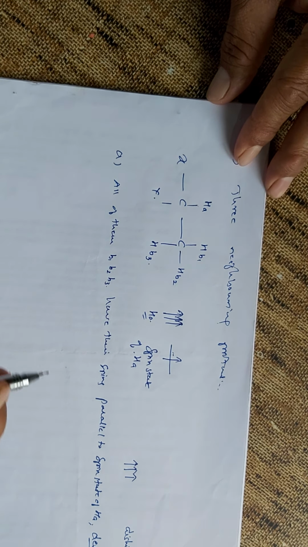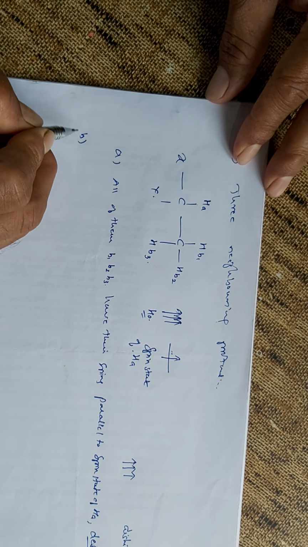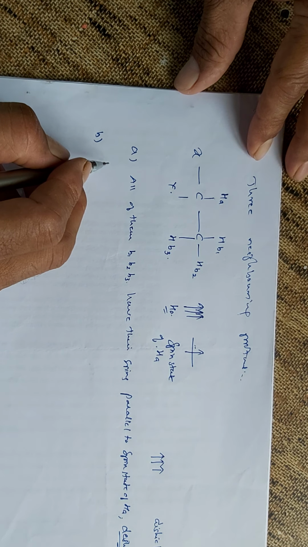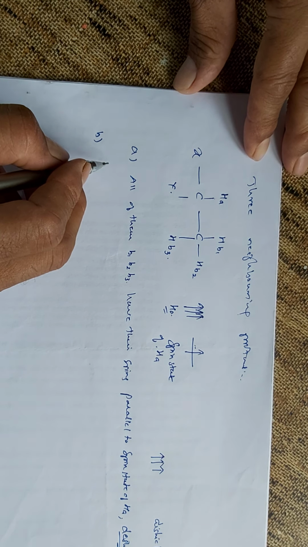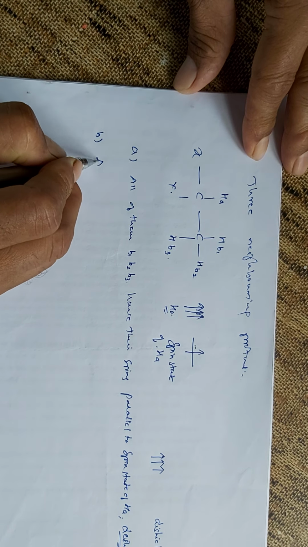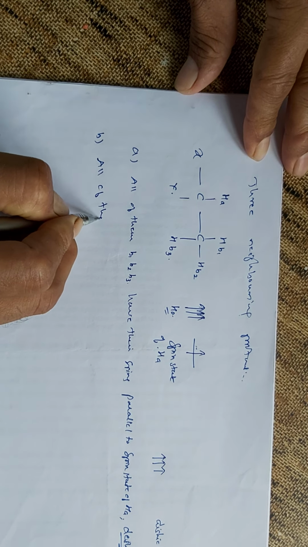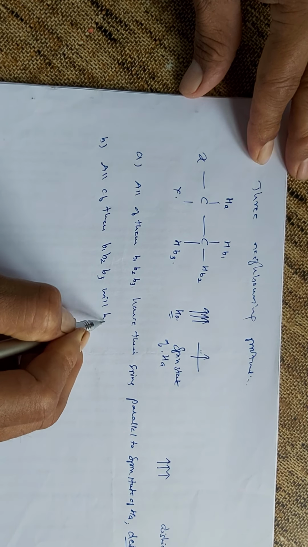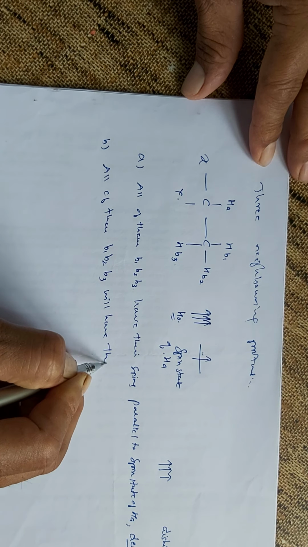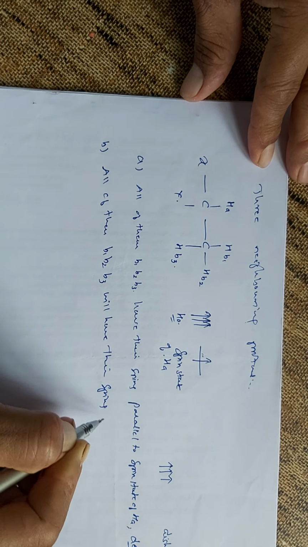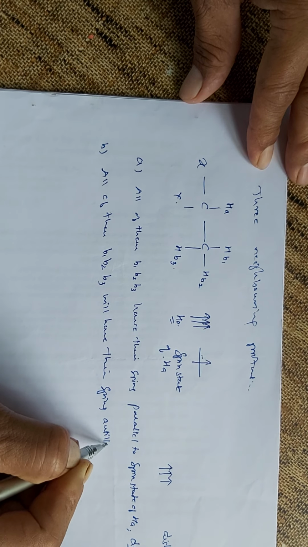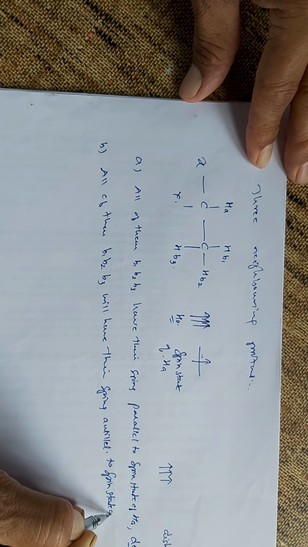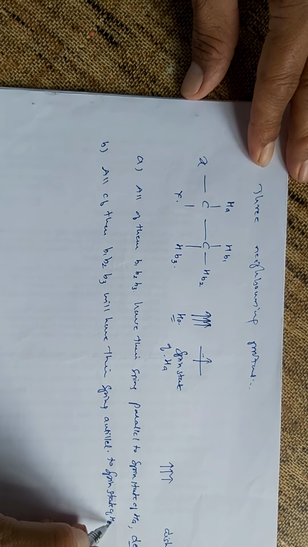Then the second situation is that all of them, that is B1, B2 and B3, will have their spins antiparallel to the spin state of HA.